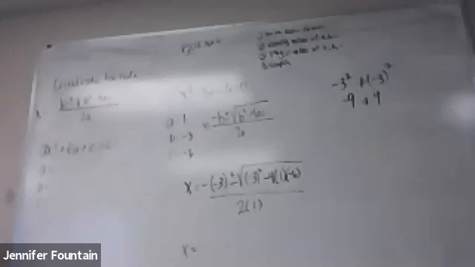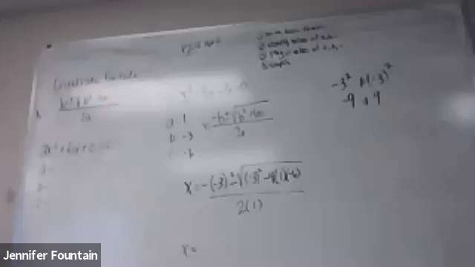Let's take a look at this one. Here, you said -6 squared is +36. -4 times 2 is -8 times -1 is +8. And 36 and 8 is 44. So you have 6 plus or minus the square root of 44.